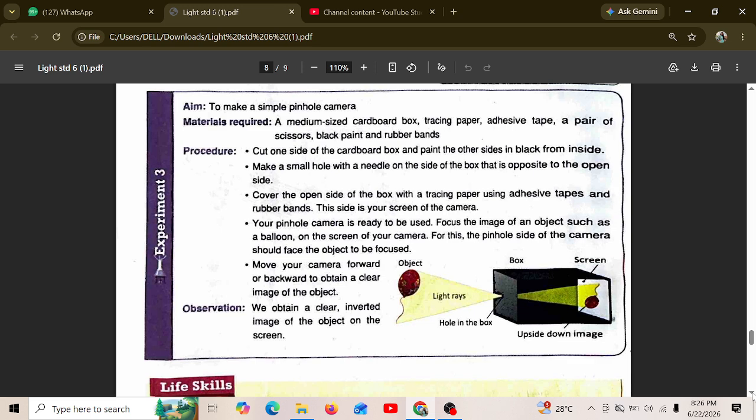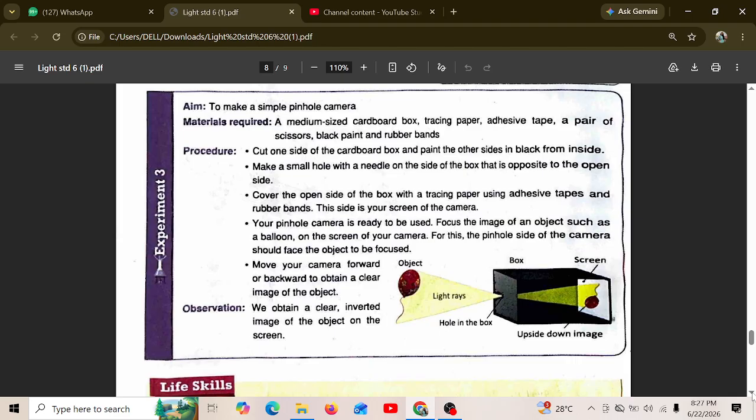After the inverted image is formed on our retina, the retina sends signals to the optic nerve, and the optic nerve processes it and changes it again, giving us the straight image we are able to see in front of us. So everywhere, in our eyes and in the pinhole camera, the property of light remains the same.